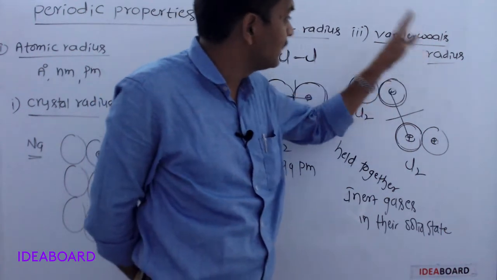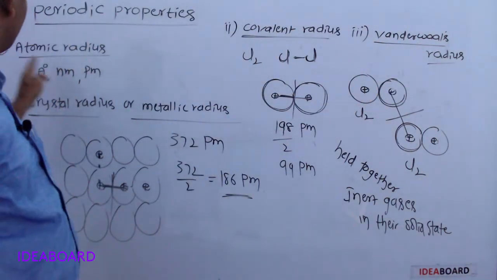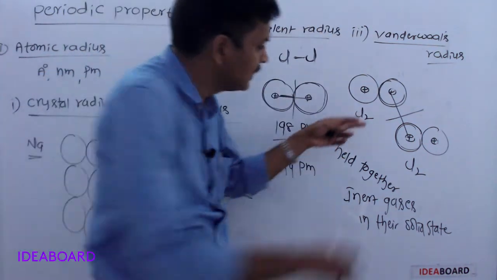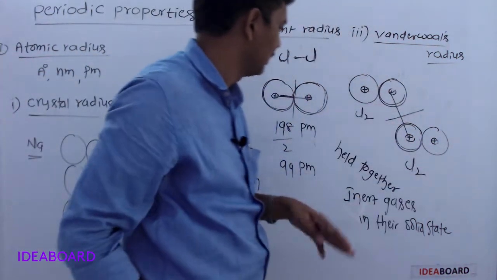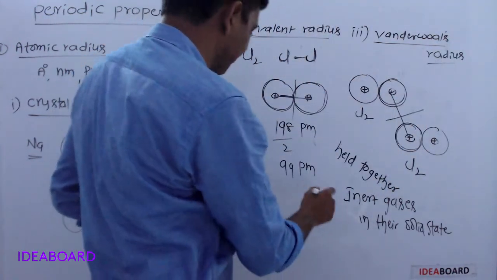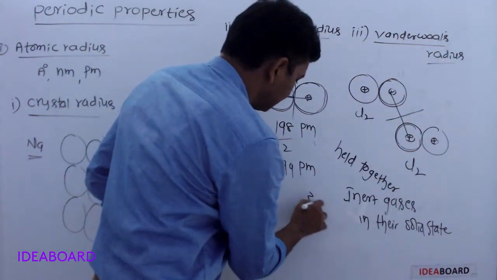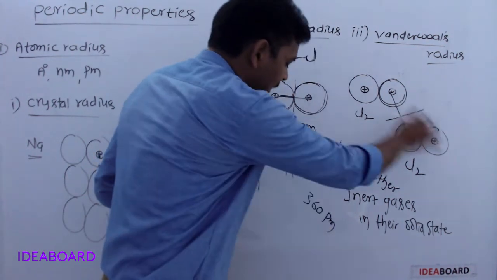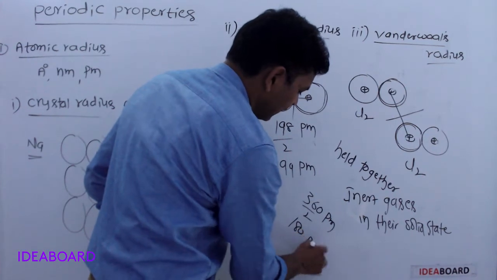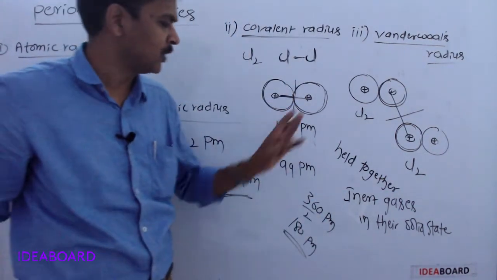This van der Waals radius is more than the crystal radius and covalent radius, because here this distance is more. In the Cl2 molecule, the distance is 360 picometers. Half of this distance, 360 by 2, is 180 picometers.